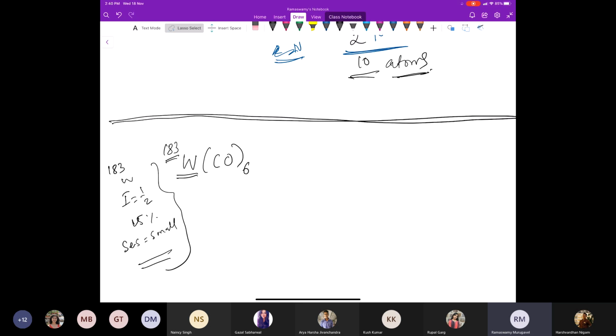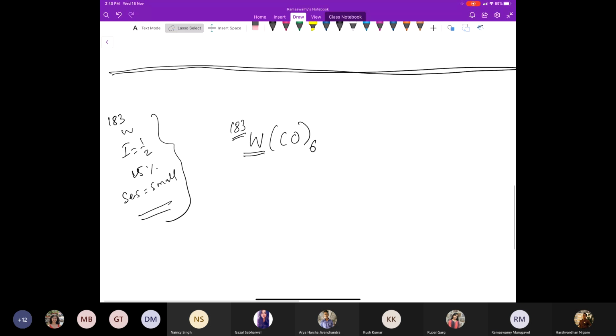Now, a simple chemical reaction. I take this compound and react with PMe3. For the time being, I'm doing only 1:1, one carbonyl and one phosphine.